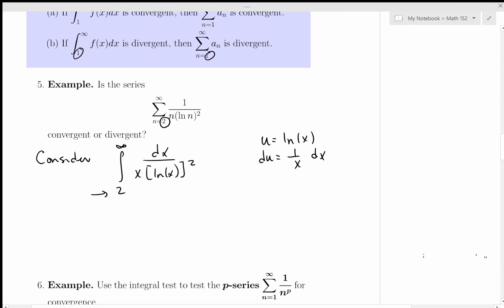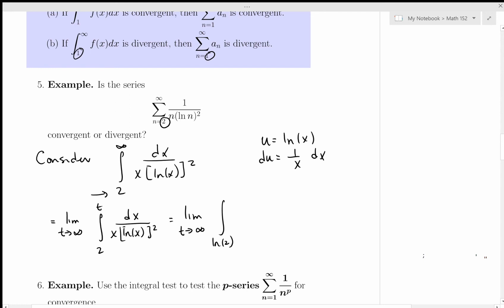And so this integral will become the limit as t goes to infinity of the integral from 2 to t of dx over x log x squared, which is the limit as t goes to infinity. Now I'm going to make the complete substitution. When x is 2, u is log 2.